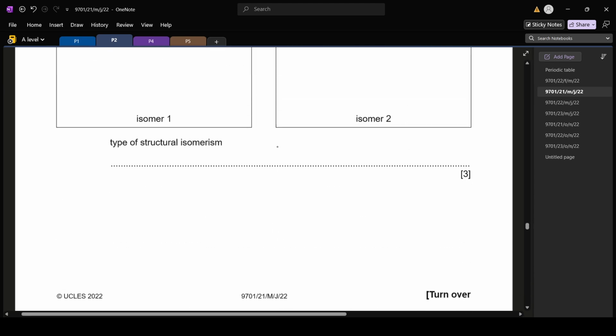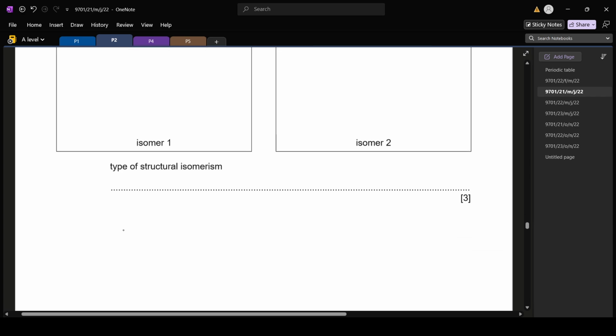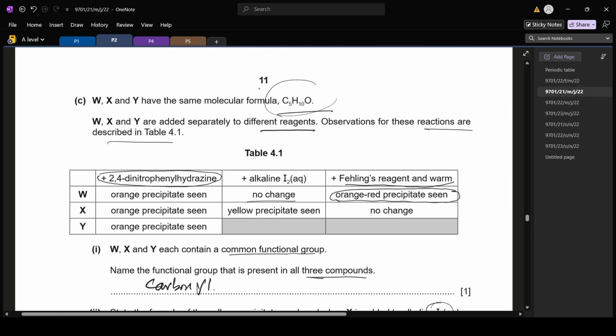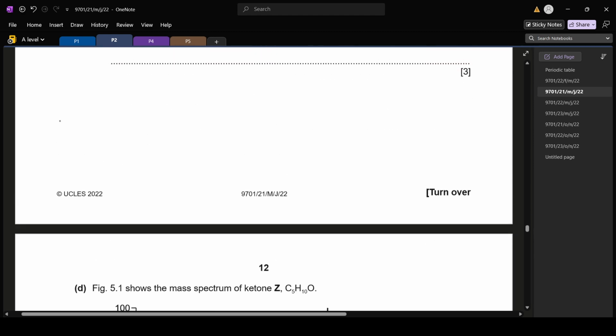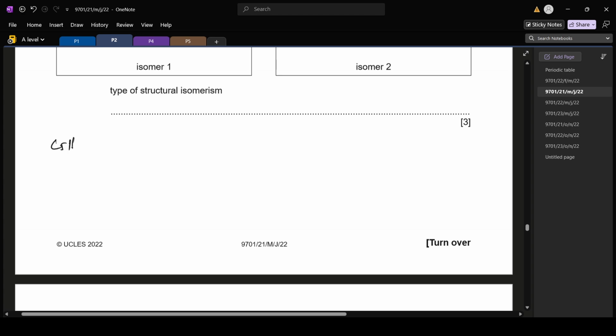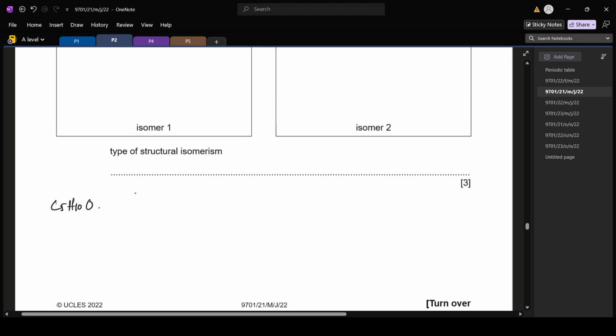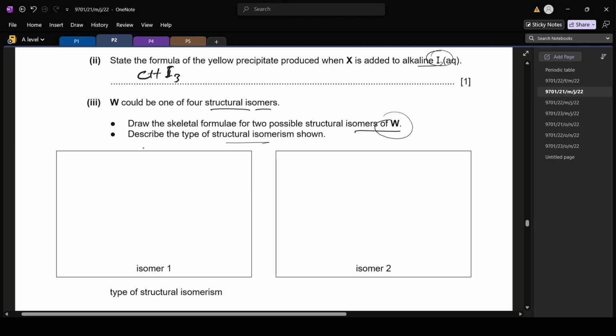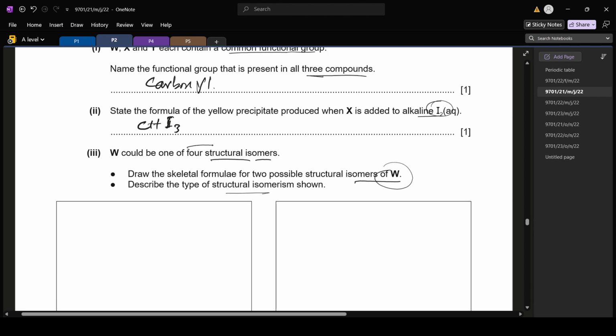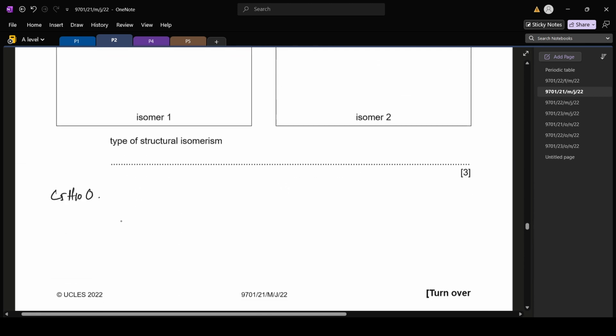So firstly, you have the molecular formula of C5H10O, and this is an aldehyde. Suppose this is W, so I'm drawing the 4 possible structural isomers of this.